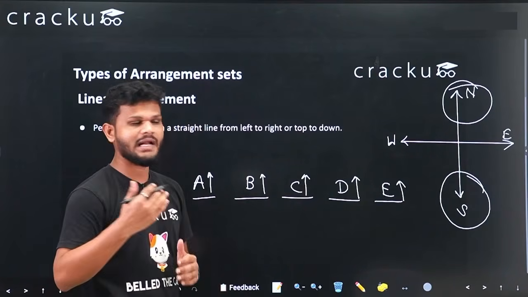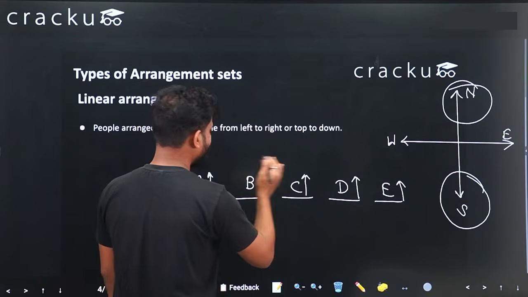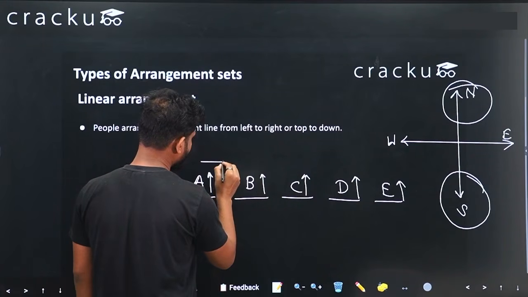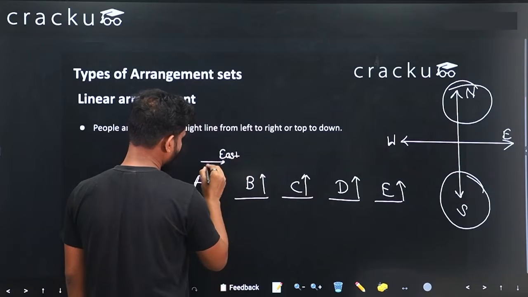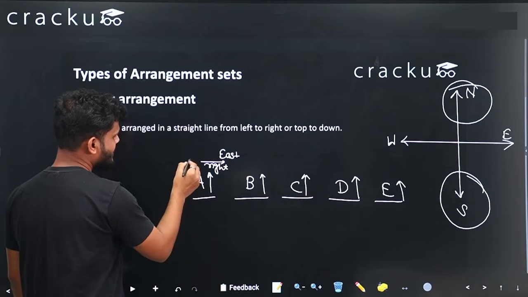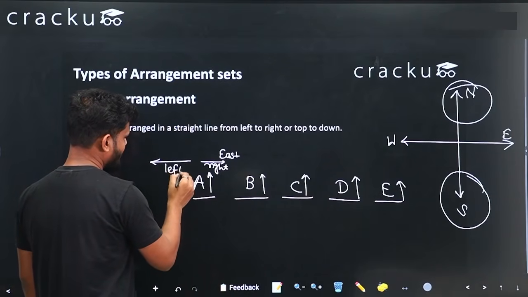What will be your right? So for A, who is facing the north direction, his right will be in the east direction. So this is east, and this is also his right. What about his left? His left will be in this direction, which is the west.